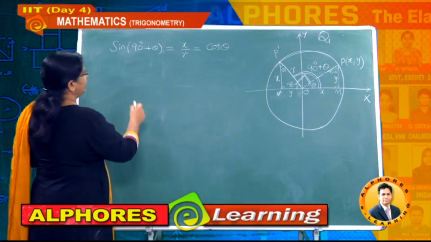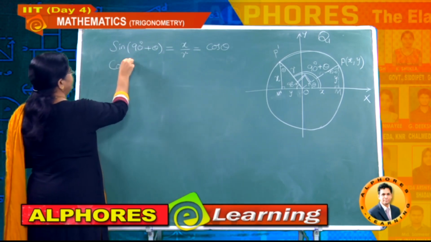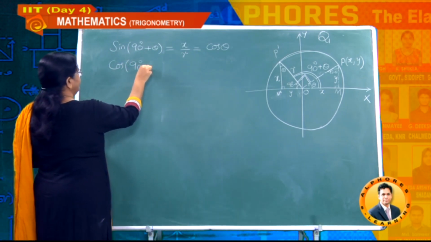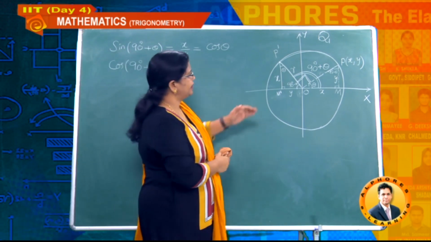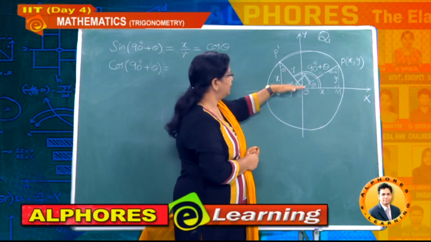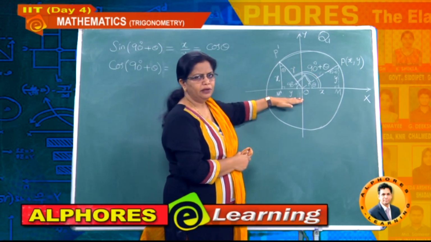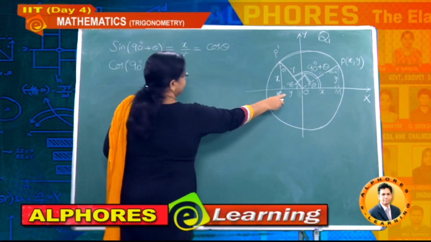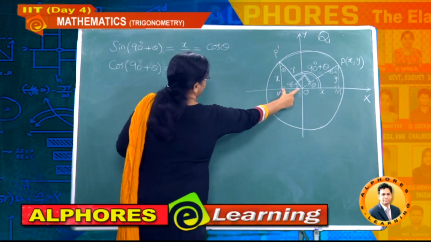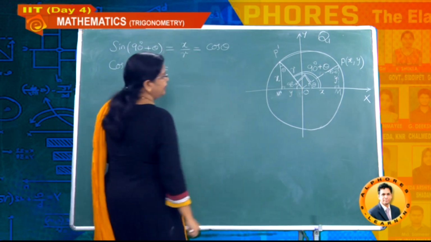And next, what is the other value? Cos of 90 plus theta if I take, then cos 90 plus theta. What is the adjacent side? For 90 plus theta, the adjacent side is here y divided by r. But here this is the second quadrant. In the second quadrant this value is negative.